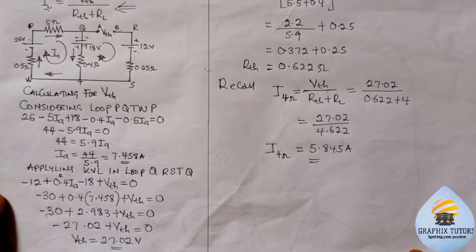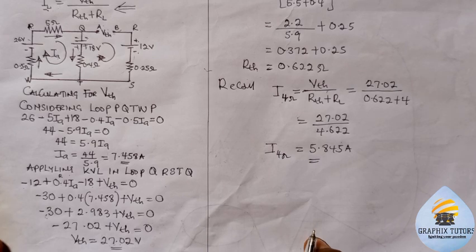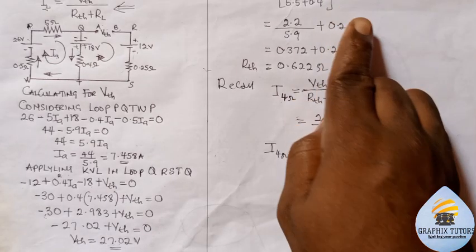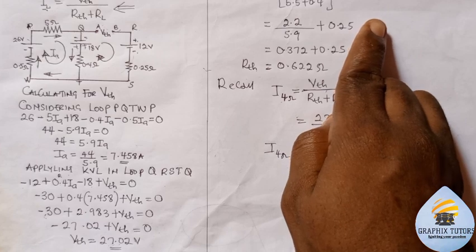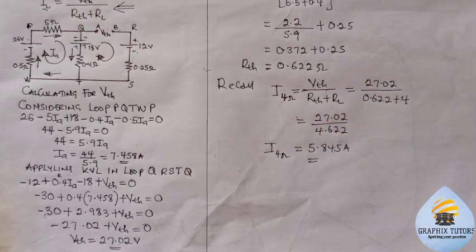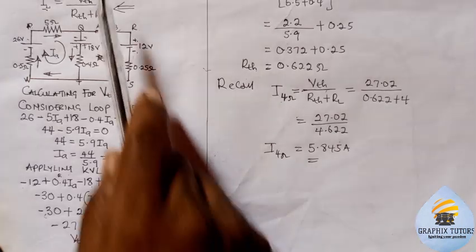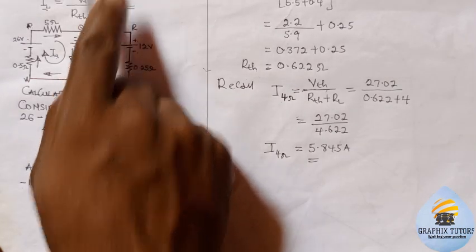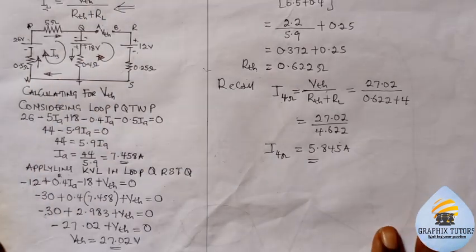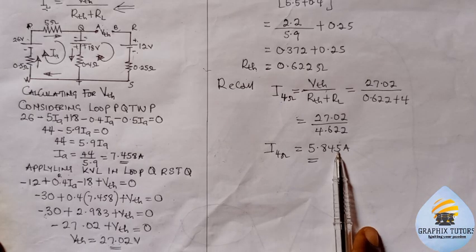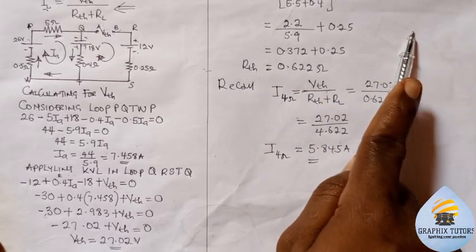Now what do you notice? In our previous video, which you can click the link at the top right corner of the screen, we discovered, when we used the superposition theorem, that the current I double prime, I2 double prime, or I2 flowing through the 4 ohm resistor is given to be 5.84. You can just quickly go through the video.